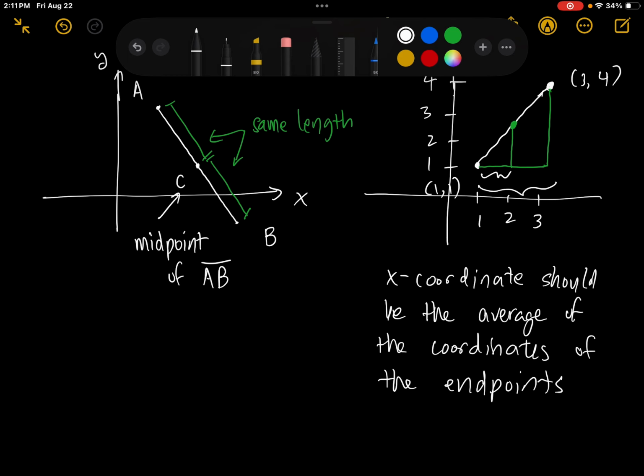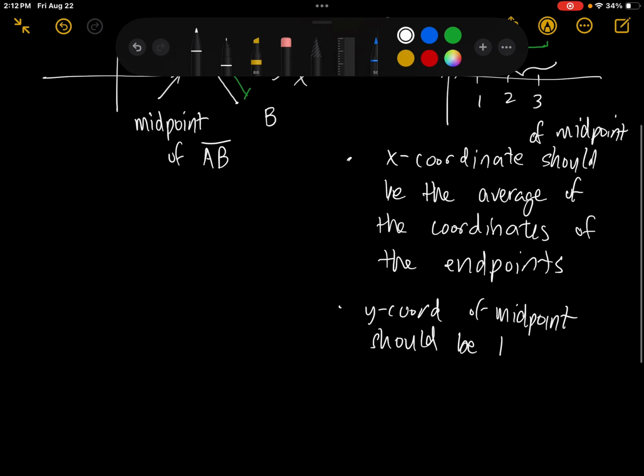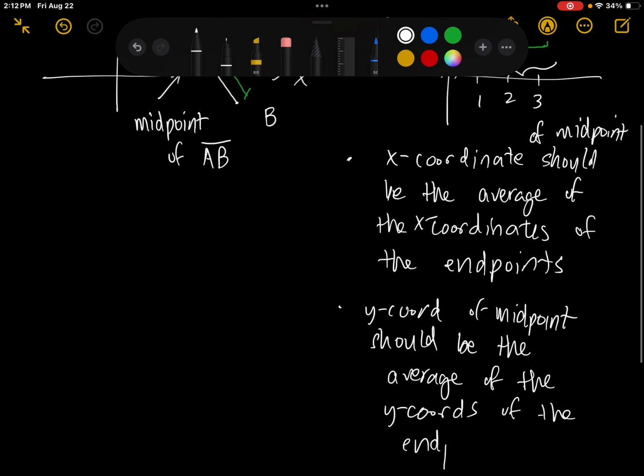And similarly, the y-coordinate of the midpoint should be the average of the y-coordinates of the endpoints, because you want to go halfway in the y direction.